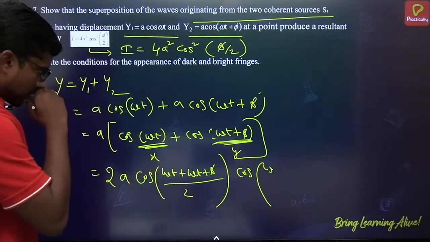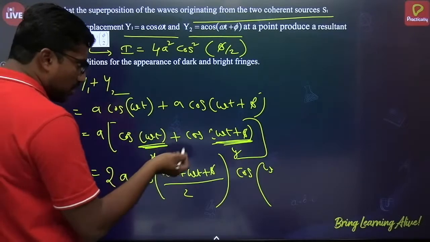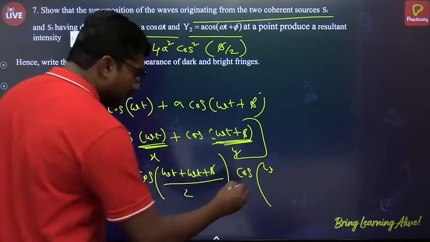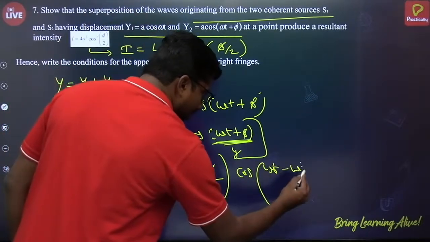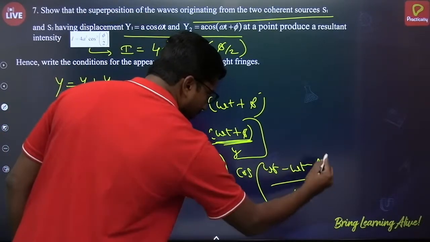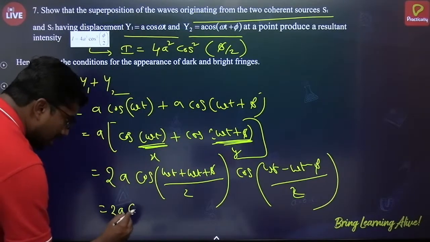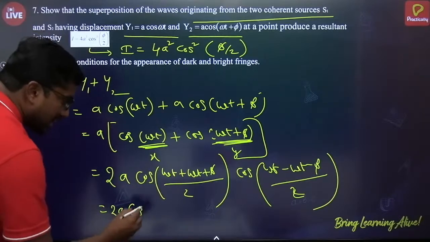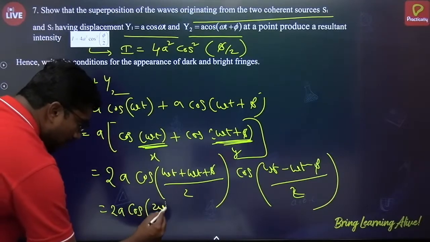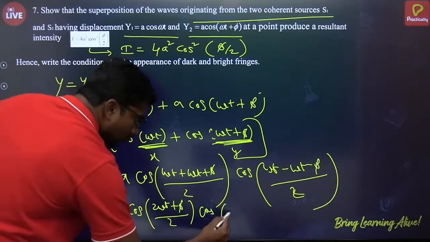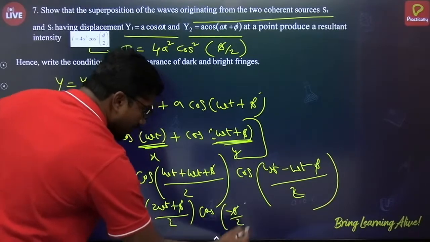As cos of minus theta is of course cos theta only, omega t minus phi by 2 you can get here. Then 2a cos of, this is omega t plus omega t, 2 omega t plus phi by 2, into cos of minus phi by 2.